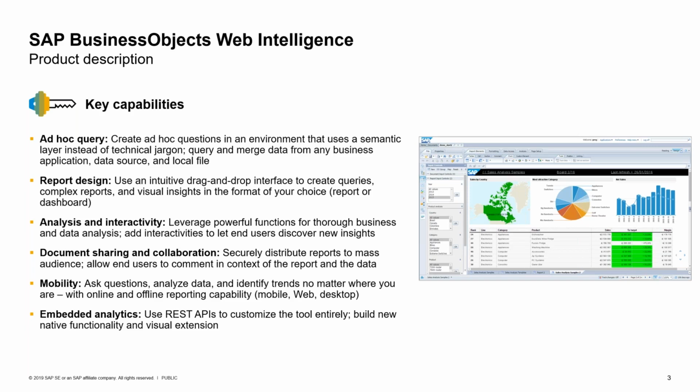You can use your favorite smartphone or tablet. And last but not least, with all of this, you can embed your Web Intelligence document and information by using the REST API, which is the SDK we are using today to help you achieve that. So quickly, that's what WebI is good at.